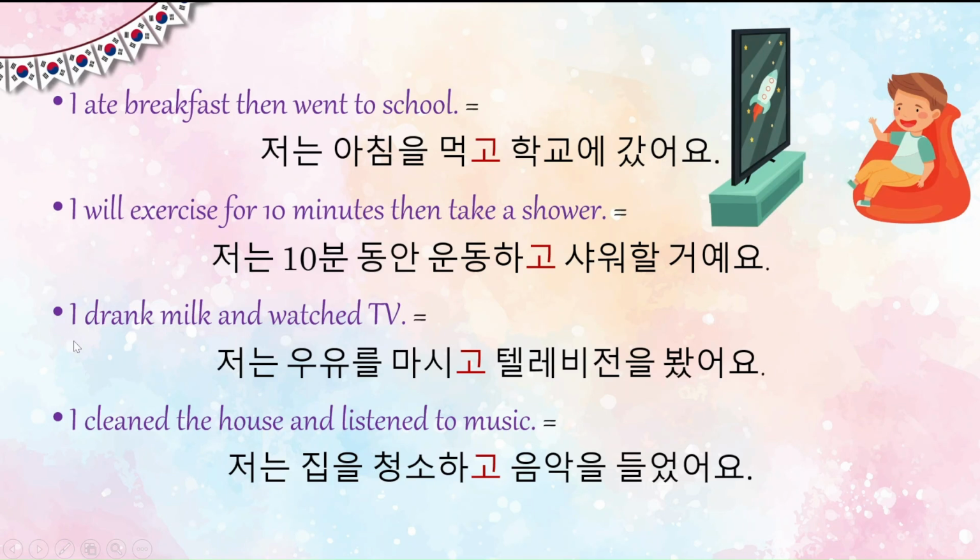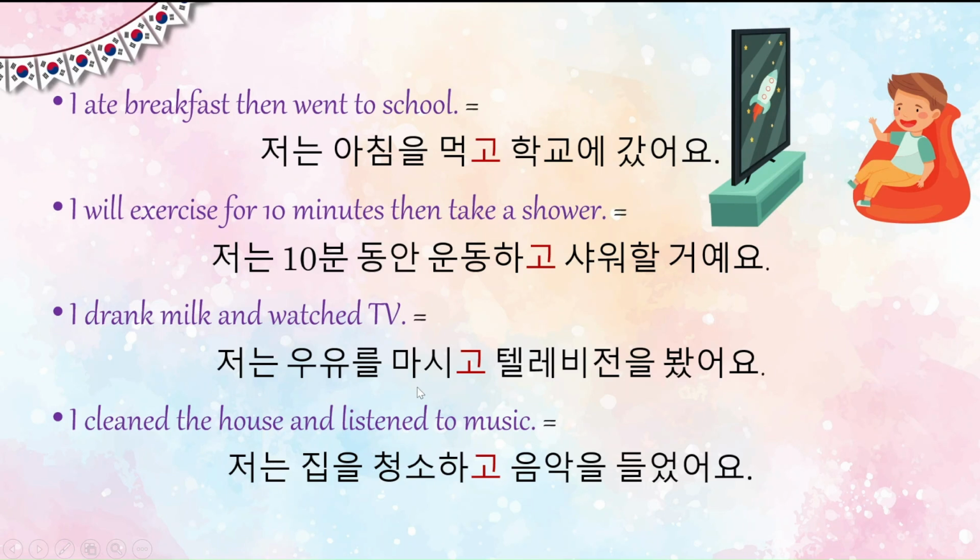Now here you are performing two actions simultaneously. There is no sequence. Here the translation of go is going to be "and." So you drank milk and at the same time you also watched TV.